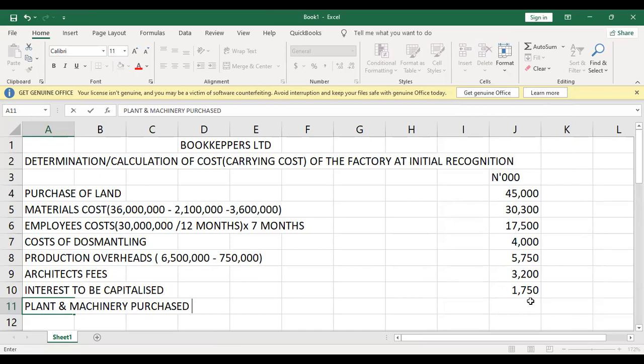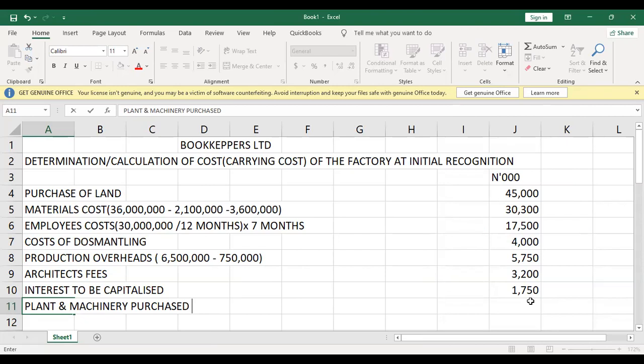Let's take, for example, you want to open a restaurant and you're asked to calculate the cost of opening that restaurant. Of course, you include a gas cooker and all those other machines like that, because that is what you need to use in actually carrying out whatever services or whatever production you want to carry out.